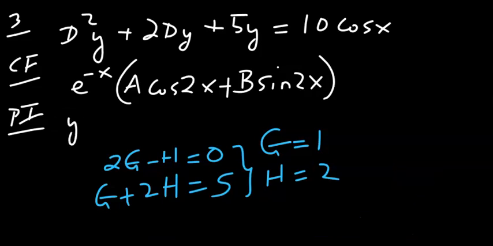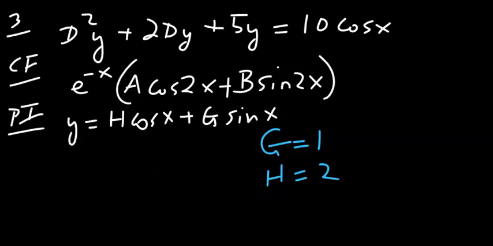Note our original assumption, y was h cosine x plus g sine x for the particular integral. So since h is 2, you can put that there, and g is 1, and that gives you the particular integral.